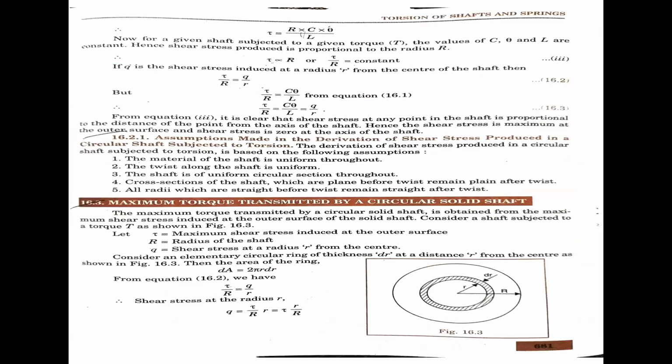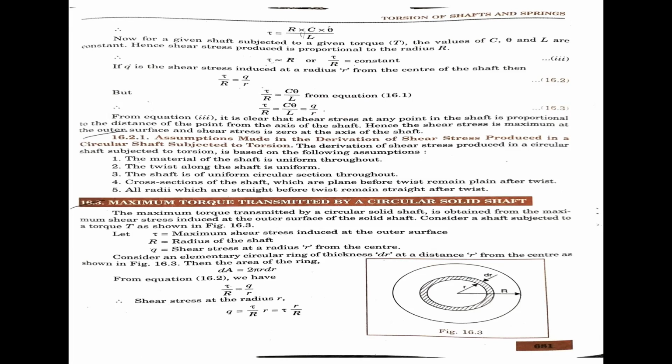Now tau, the shear stress, equal to R into C into theta divided by capital L. For a given shaft subjected to a given torque, the values of C, theta and capital L are constant.